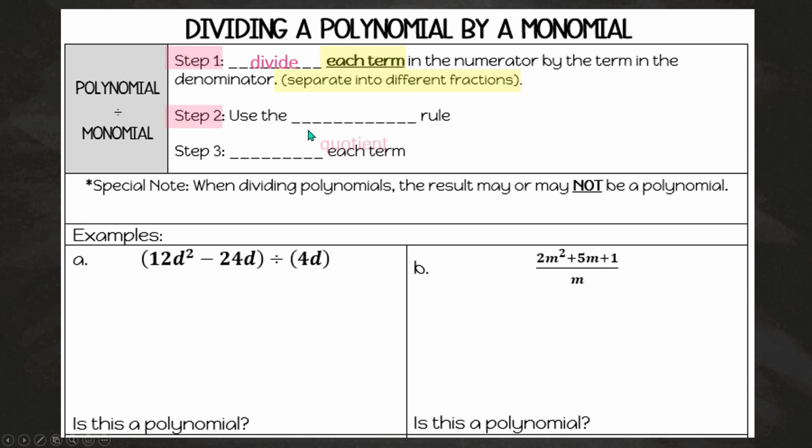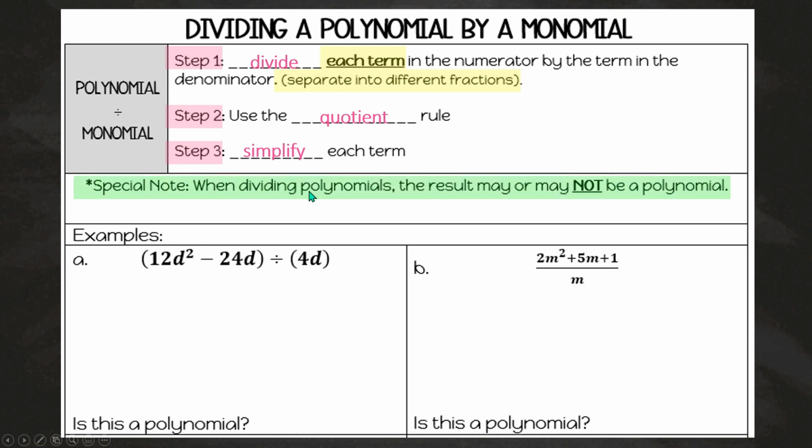Step 2 is we're going to use the quotient rule. So if we have a variable that's being divided by a variable, we have to apply the quotient rule. Step 3 is to simplify each term. So if we had 2 over 4, that simplifies to 1/2.